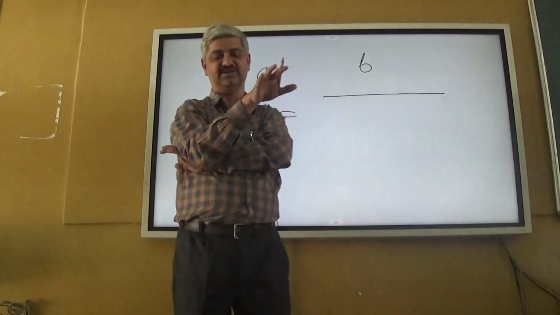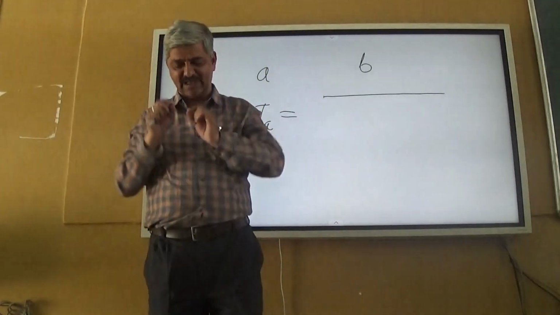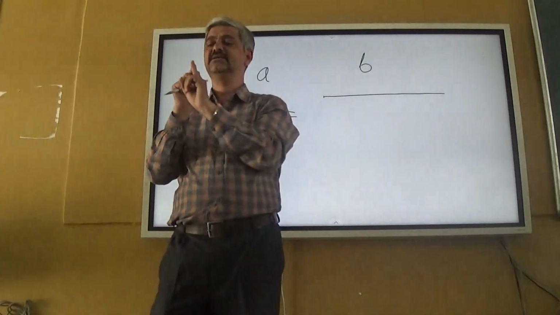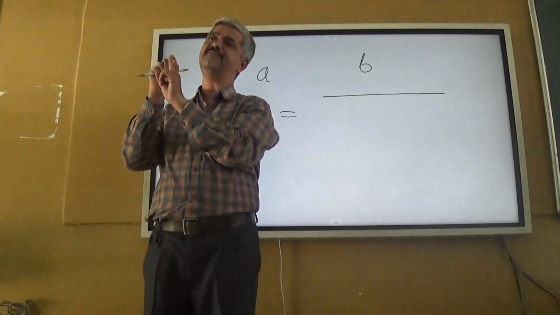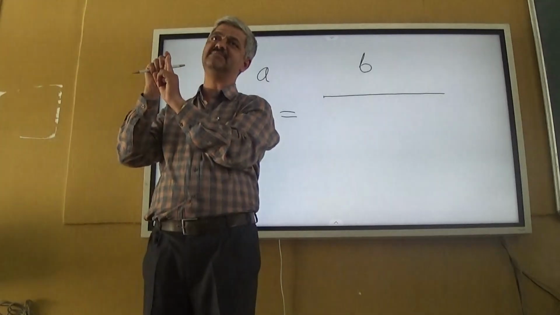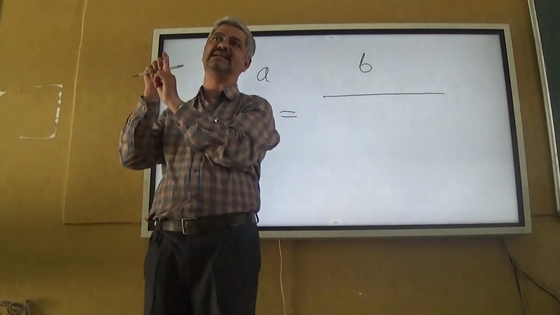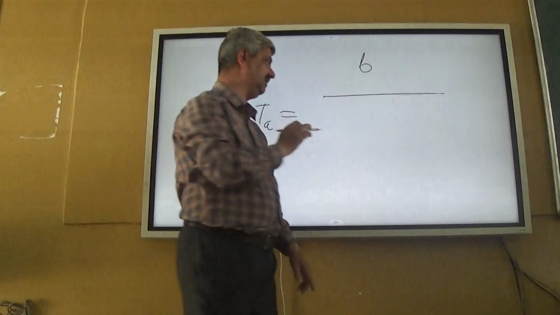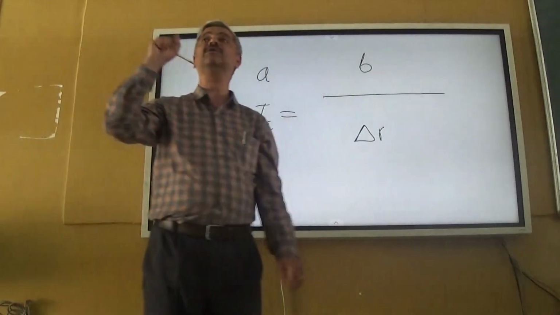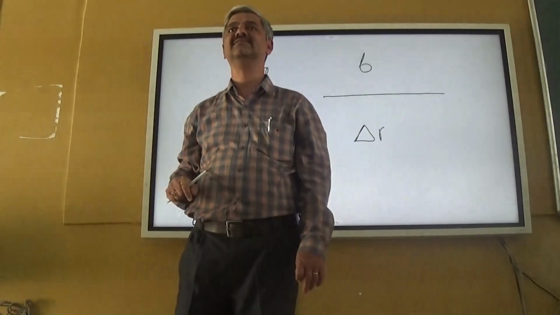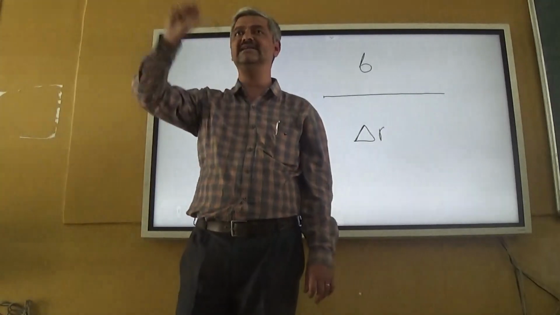For area I skipped, and now we go directly to volume. I am here, the lamp is here. From this point, if I make an infinitesimally small displacement delta R, what will be the temperature difference delta T?